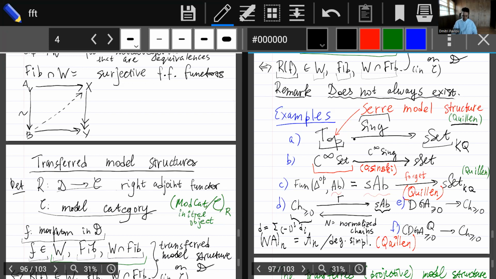Singular homology first takes a topological space and applies the singular complex functor to get a simplicial set. And then it computes the normalized chains using this recipe, and you get a chain complex, the singular chain complex. And this is a very typical example for the Dold-Kan correspondence.